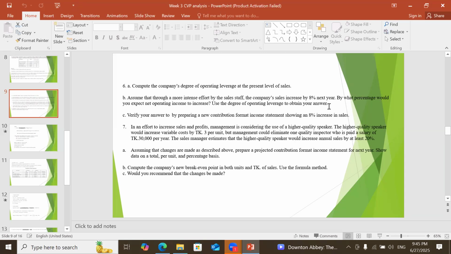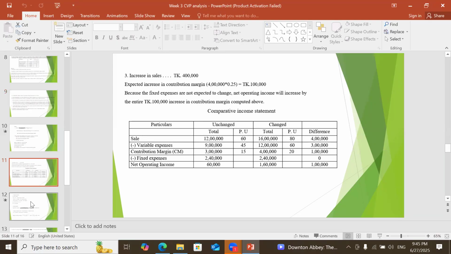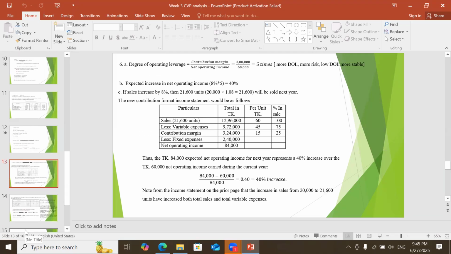The simple formula: increasing portion 8% and 5 times. So sales increase multiplied by DOL, degree of operating leverage, gives you how much net operating income increases. If sales increase 8%, then 40%.